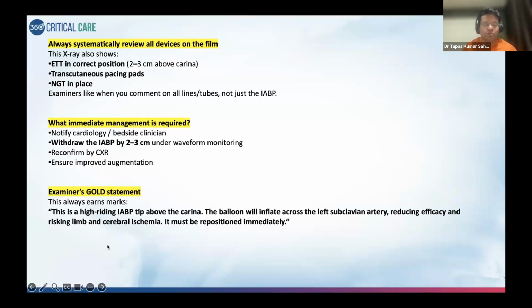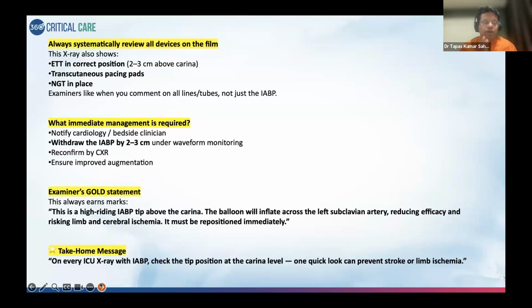And that also holds true for you to get the gold medal. The take home message here: in every ICU X-ray with an IABP, check the tip position at the carina level. One quick look can prevent stroke or limb ischemia, the two deadliest things.